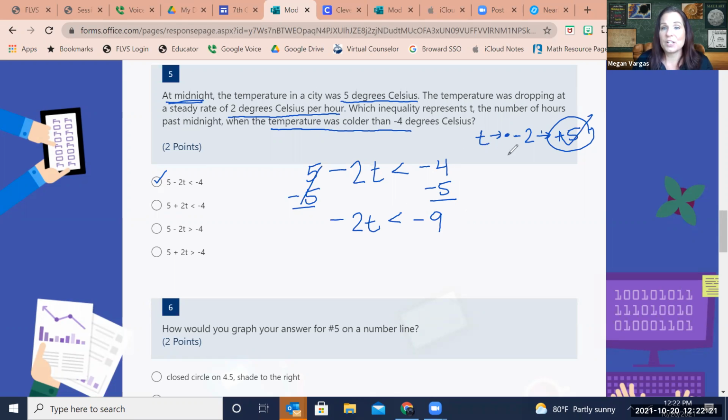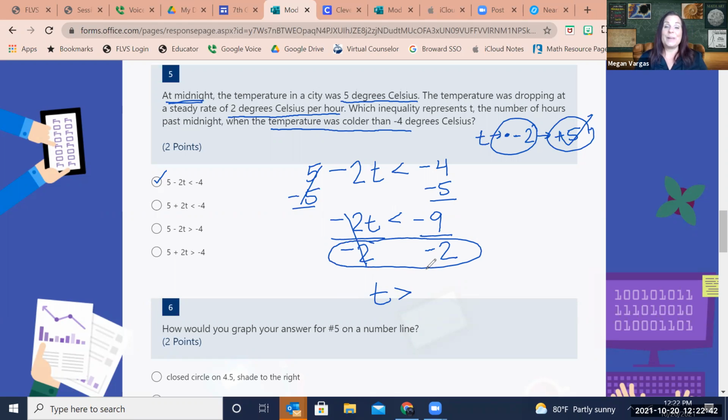The next thing I have to undo is the multiplying by -2. So I have to divide by -2. So I get t. Then because I divided by a negative, I've got to flip the inequality. And then a negative divided by a negative equals a positive. Wow, there's a ton of stuff in this question, right? This is a tricky, tricky one too.